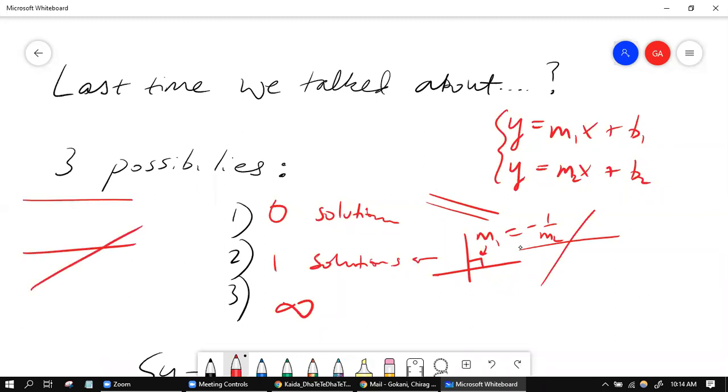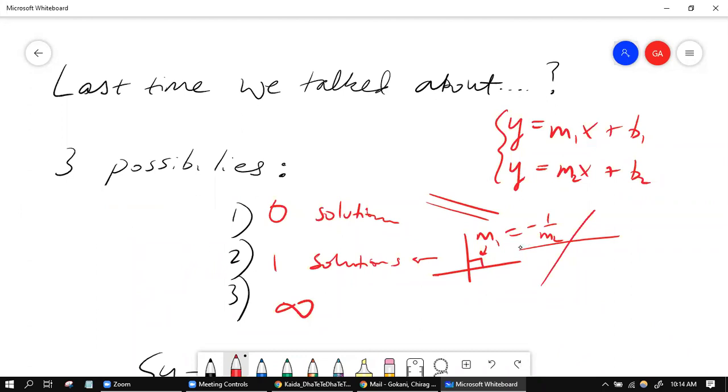Even lines that are almost parallel will at some point converge and meet each other here. Make sense? So they can be anything, they don't have to be perpendicular.